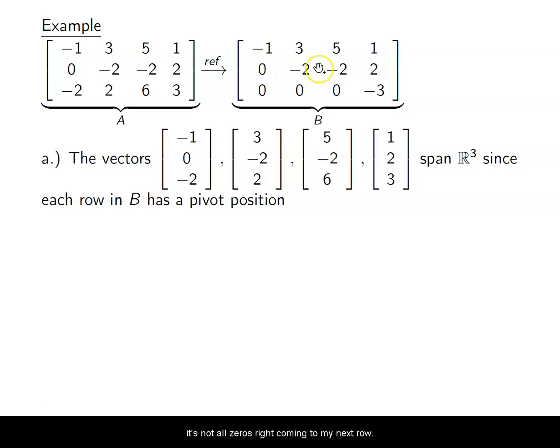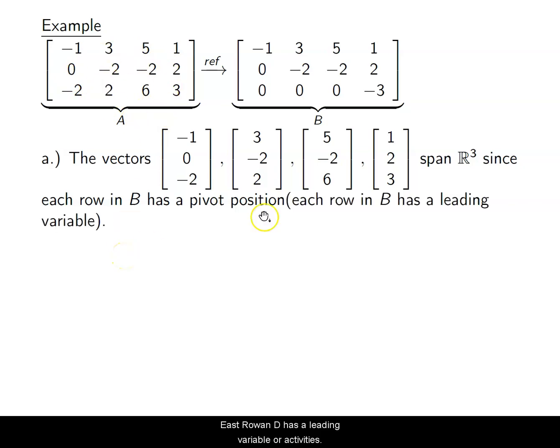It's not all zeros. Come into my next row, it has a pivot position also. So this is a spanning set. Each row in B has a leading variable or a pivot position. Pivot position, leading variable, same thing. Remember, I told you I'll go back and forth between that verbiage.